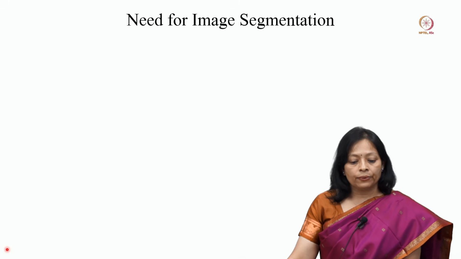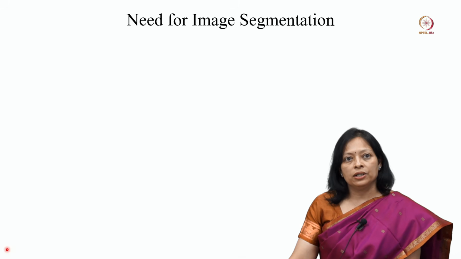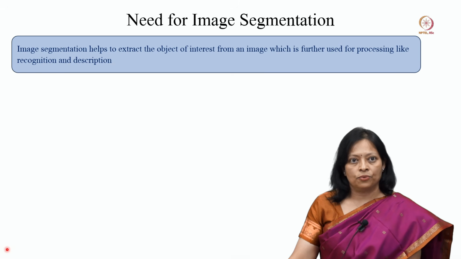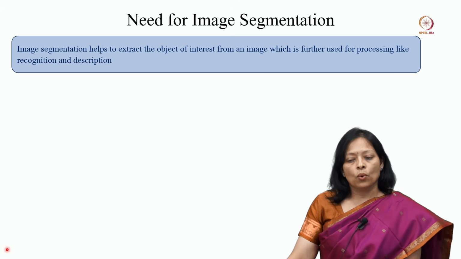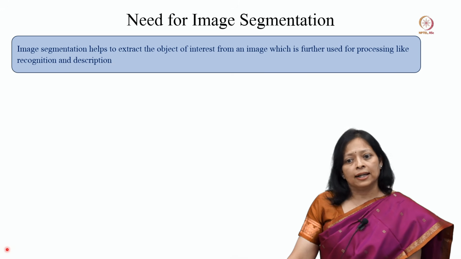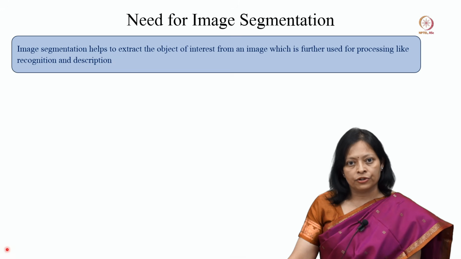Now the question arises: why do we require image segmentation? What is the need? Image segmentation helps to extract the object of interest from an image, which is further used for processing like recognition and description. Whatever the region of interest is in an image, it is quite likely that not all the objects present in the whole image are of my interest.